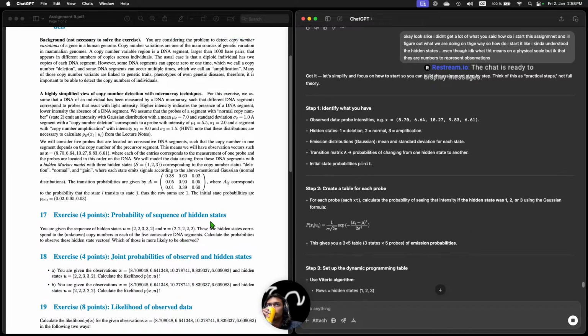Probability of sequence of hidden states.